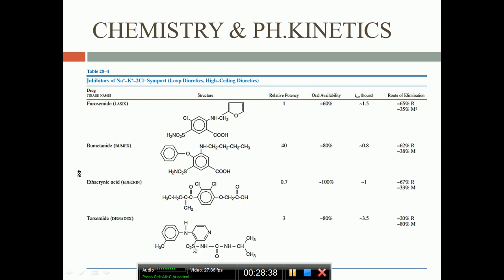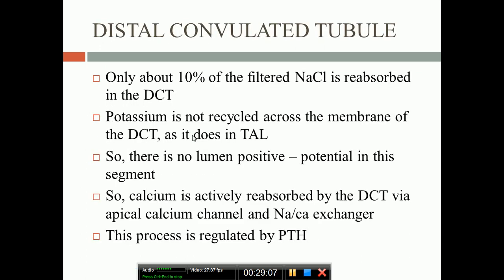So torsemide is also a sulfur drug. This contains sulfur here and here as well. So these can cause allergic reactions. There is some evidence that if a patient is already allergic to sulfur drugs, they can have an allergic reaction to these diuretics as well.